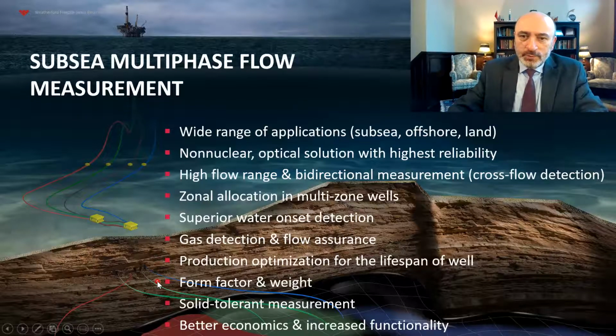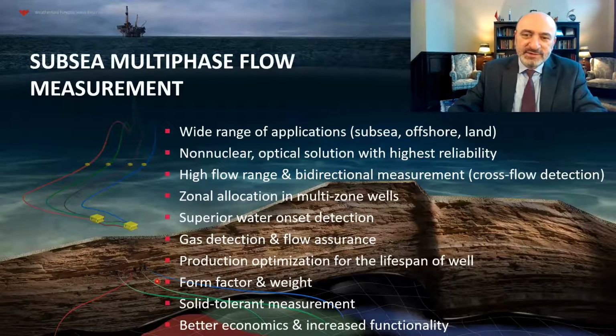In terms of form factor and weight, the optical flow meter is a part of the production tubing. It is inside the well, so there is no contribution to form factor or weight at the subsea level. The only component is the red eye.